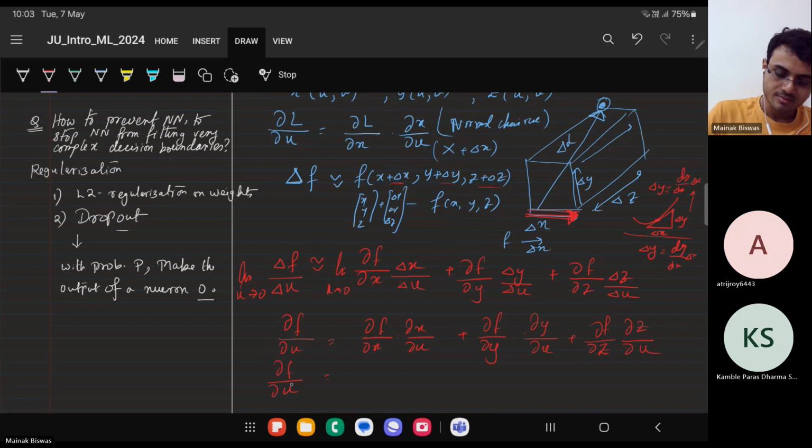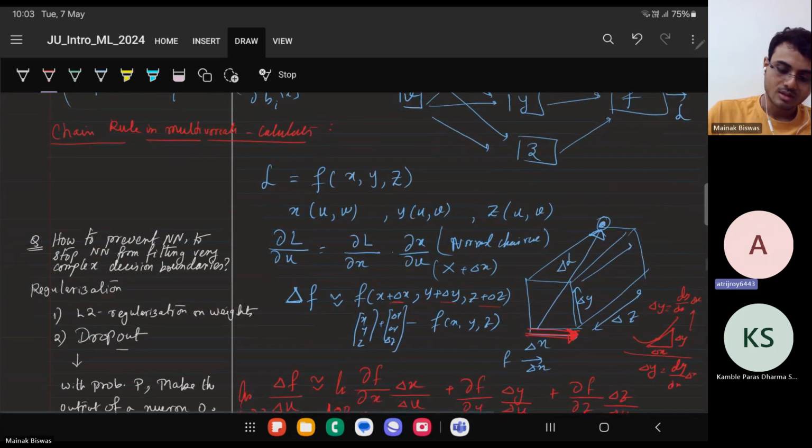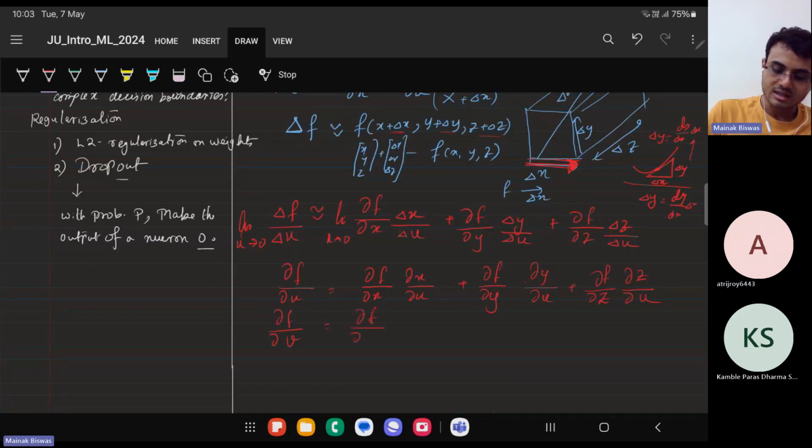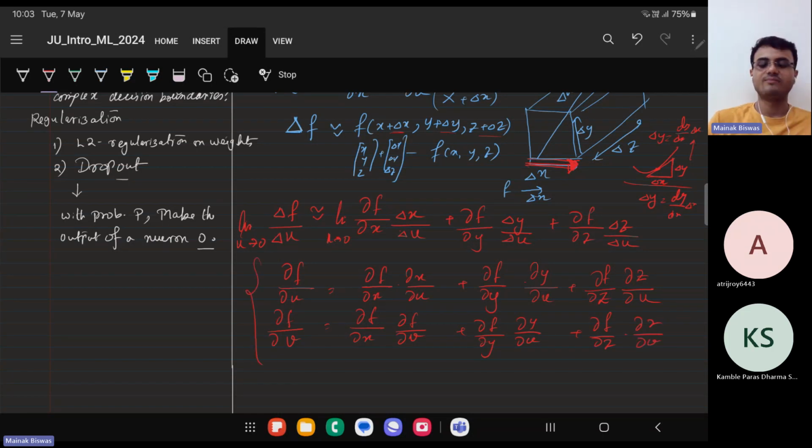Can you tell me? ∂f/∂x ∂x/∂v plus ∂f/∂y ∂y/∂v plus ∂f/∂z ∂z/∂v. This is exactly what we'll do next day in backpropagation, and we'll see there's a very intelligent way to do this in a neural network.